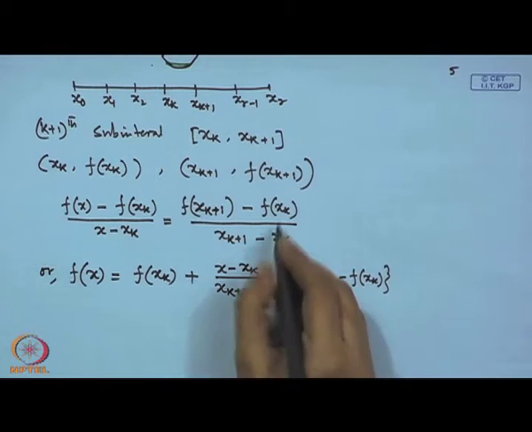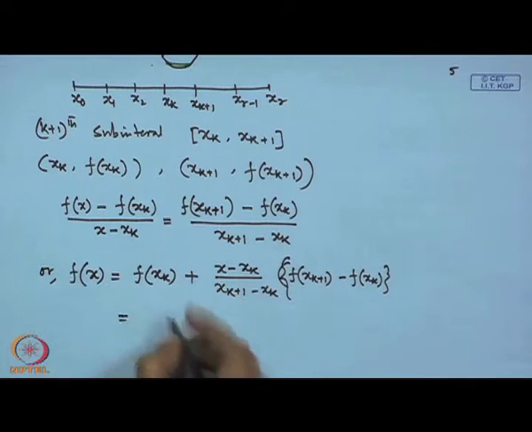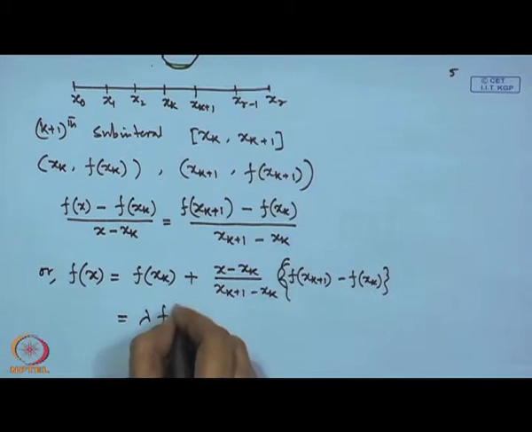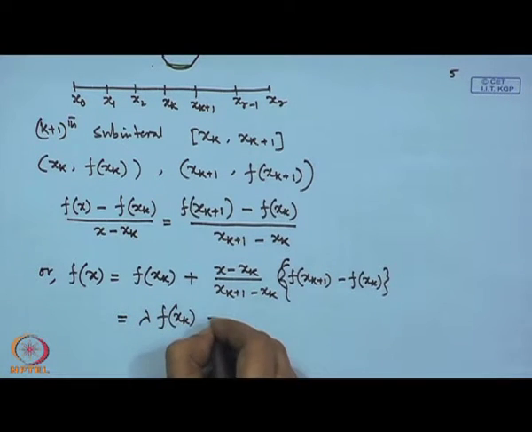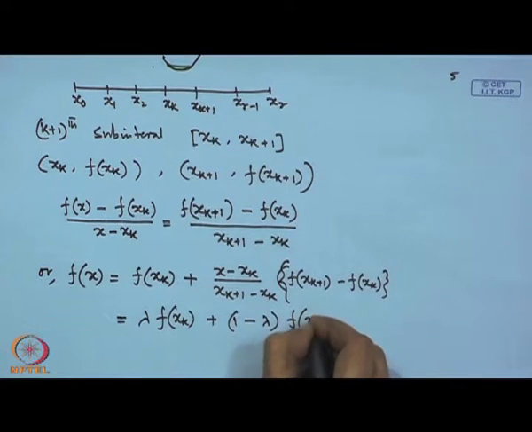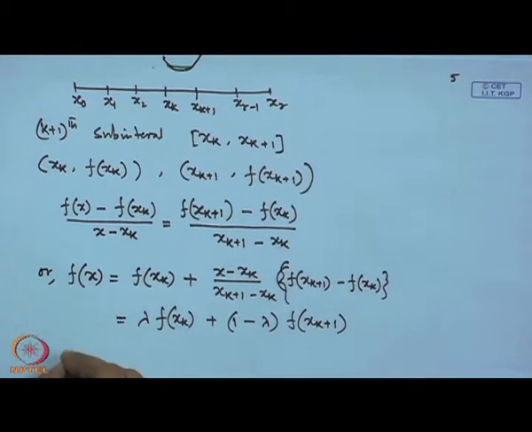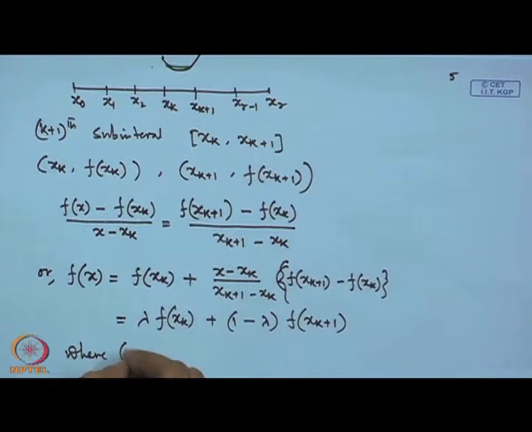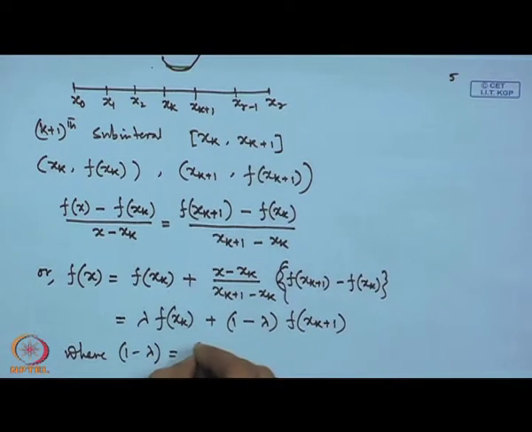Just I have simplified the previous equation. In other way, we can write it as lambda into f xk plus 1 minus lambda into f xk plus 1, where 1 minus lambda is equal to x minus xk divided by xk plus 1 minus xk.